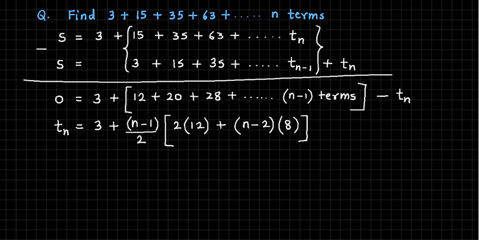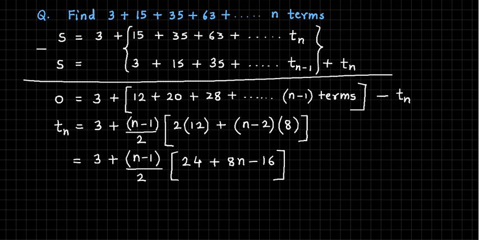This further gives us 3 plus n minus 1 whole upon 2 into the bracket 24 plus 8n minus 16.